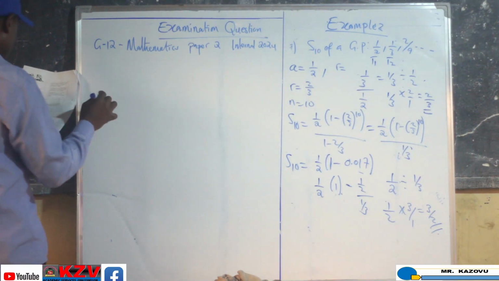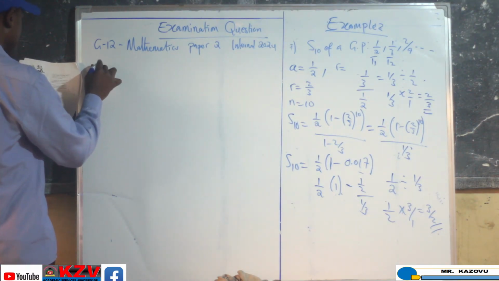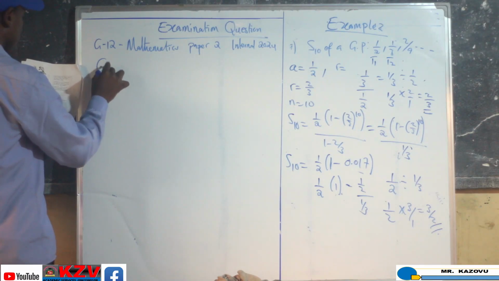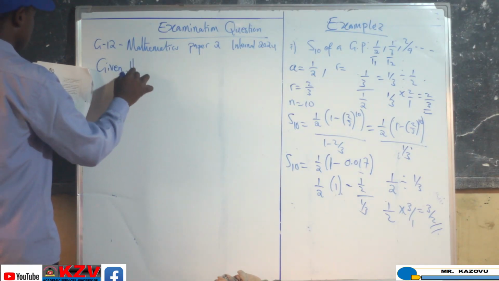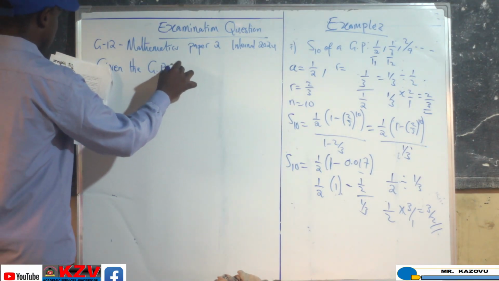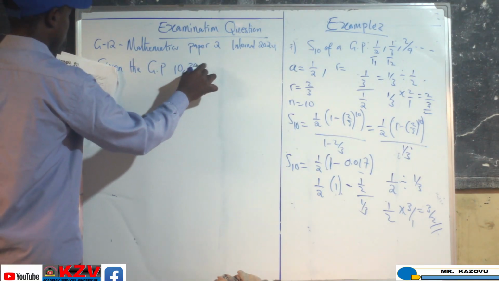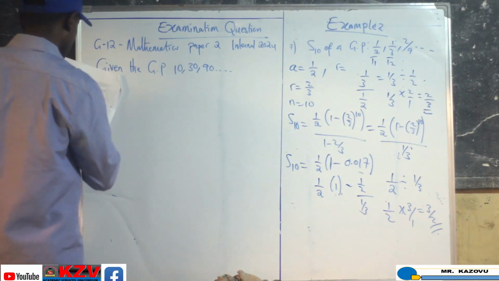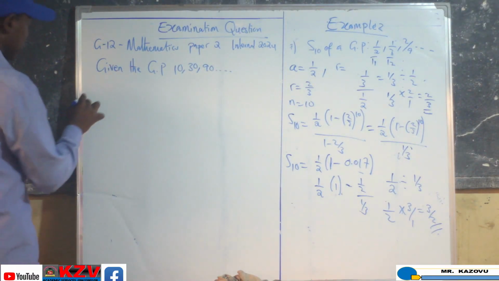So we are saying, given the geometric progression as 10, 30, 90. A: find the 10th term.